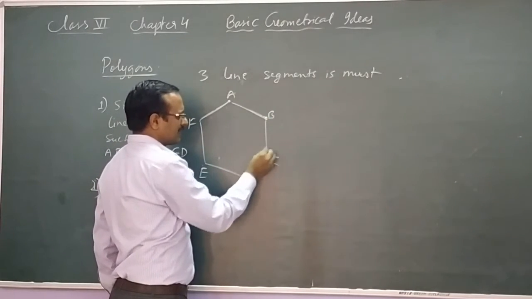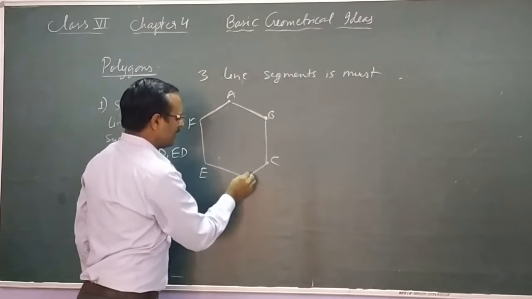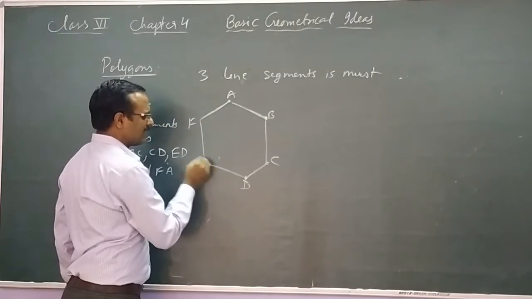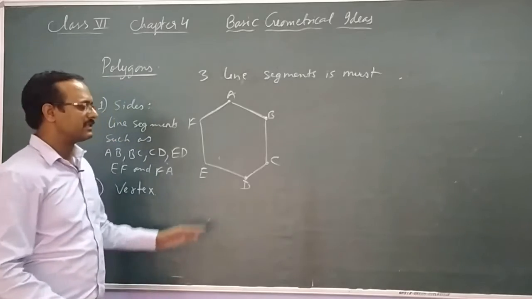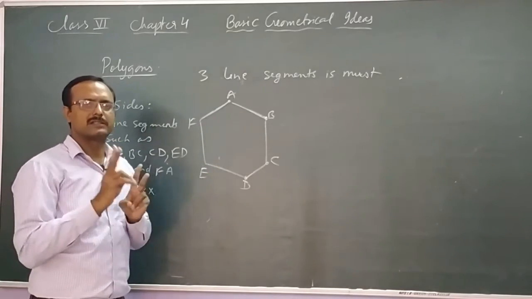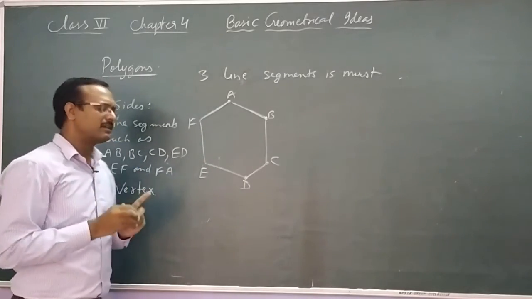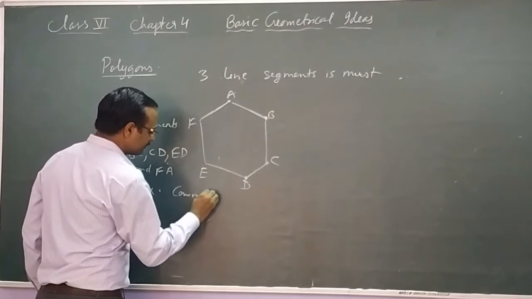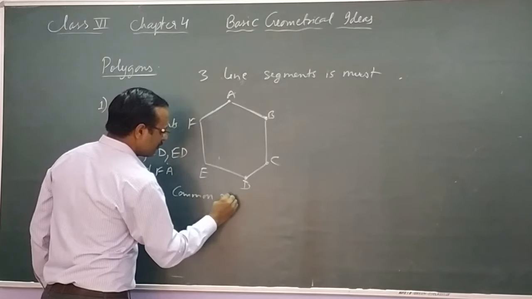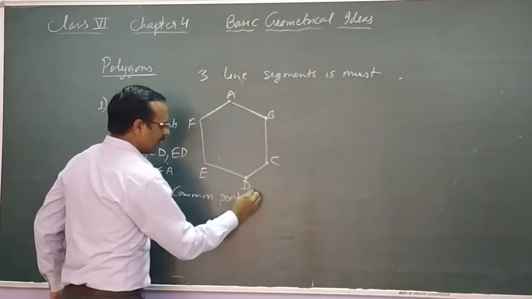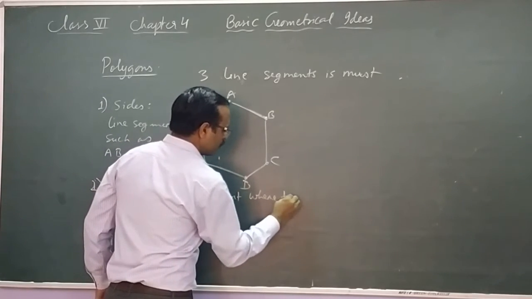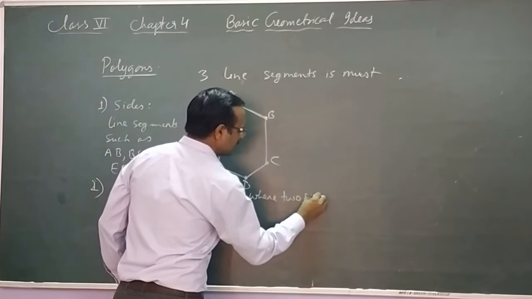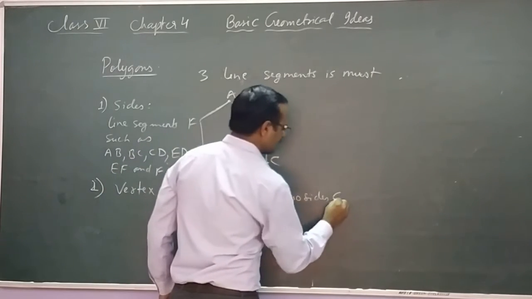Point C is connecting BC and CD. Point D is connecting CD and DE. In this way each vertex connects two sides. So you can say it is a common point where two sides connect each other.